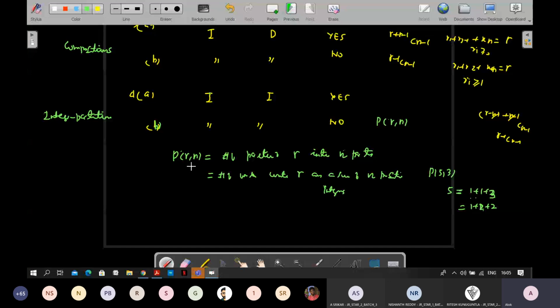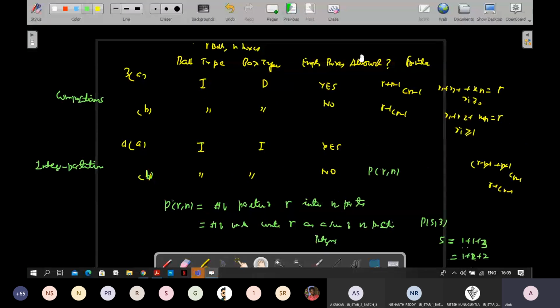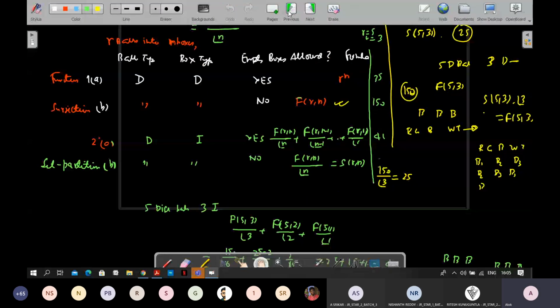But how to calculate PRN? Just like FRN, that we have not told you. Actually, there is no formula for PRN. It is just a name. You will have to find PRN by other methods that I will do. For SRN there was some formula, because we found FRN, and from FRN, SRN came.